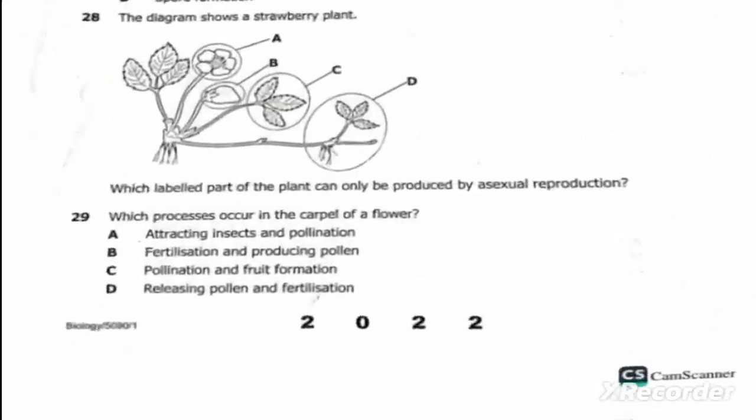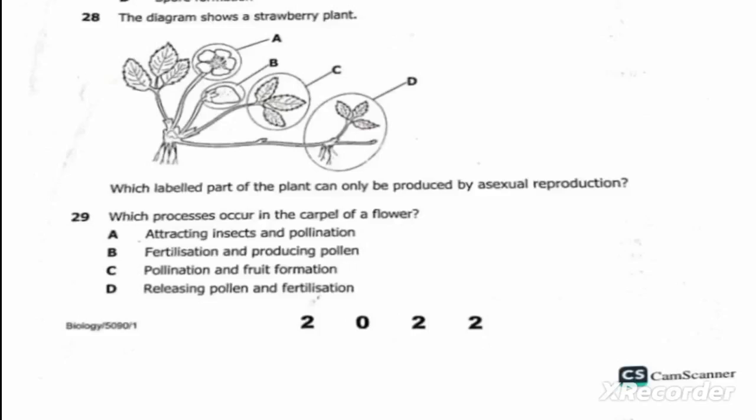Question 28, the question reads, the diagram shows a strawberry plant. Which labeled parts of the plant can only be produced by asexual reproduction? So we know that flowering plants perform sexual reproduction.